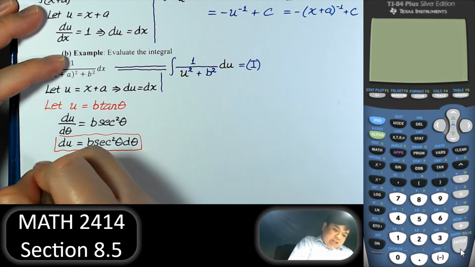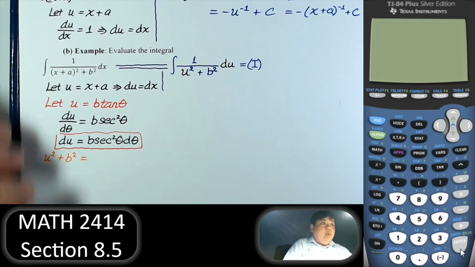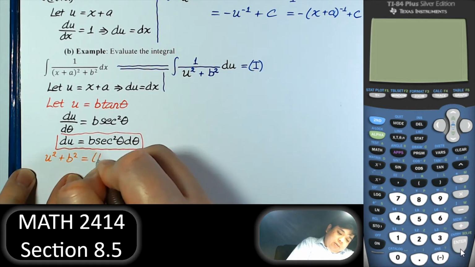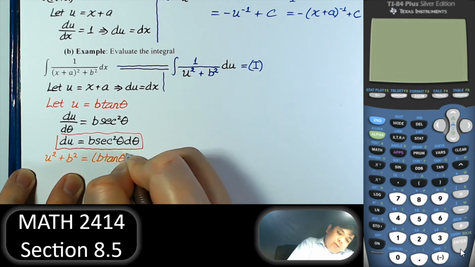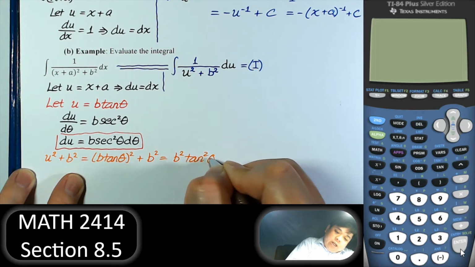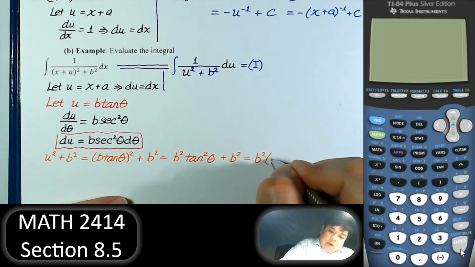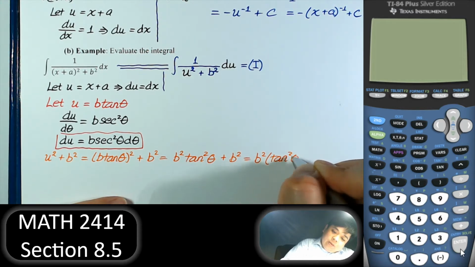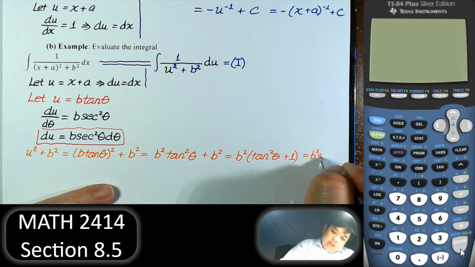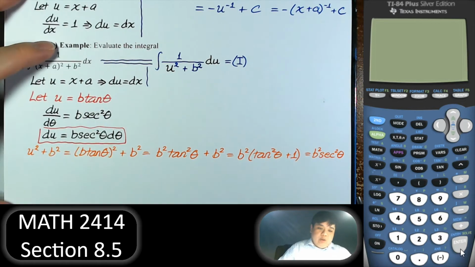So this is pretty much like the previous section where we do trigonometric substitution. u is b tangent theta. So we have b squared tangent squared plus b squared. Factor out b squared, we have tangent squared plus 1, which is secant squared. Right, now just substitute into the integral.